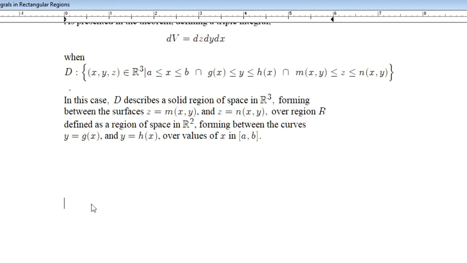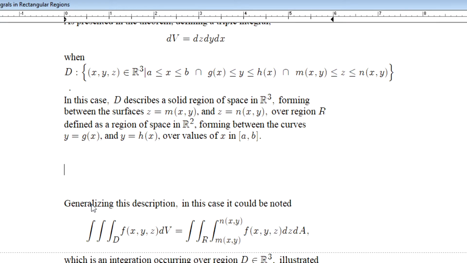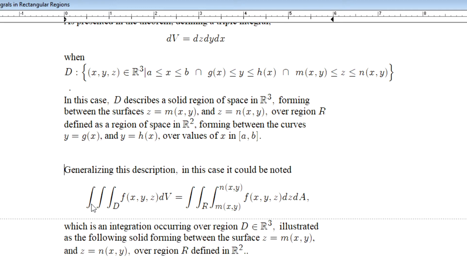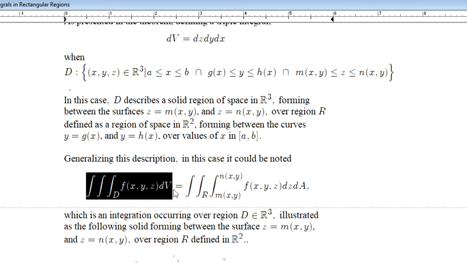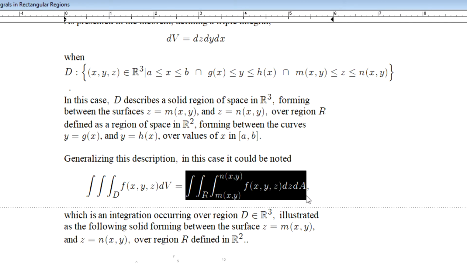In terms of generalizing our understanding of D given in the theorem, we could generalize our triple integral over region D for function f of x comma y with respect to the volume of D as this calculation here.